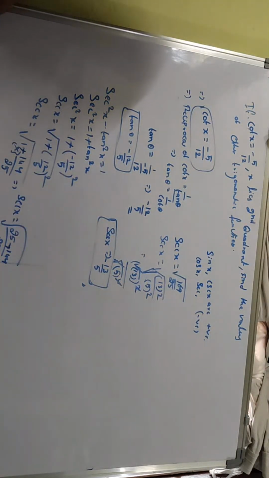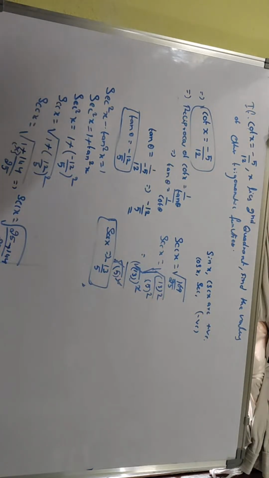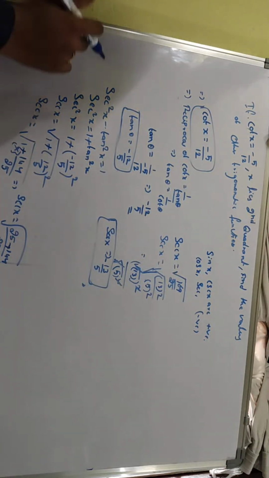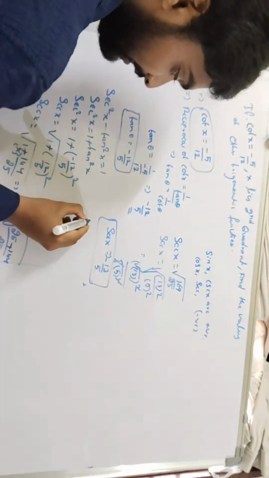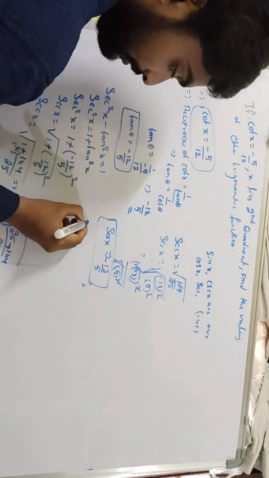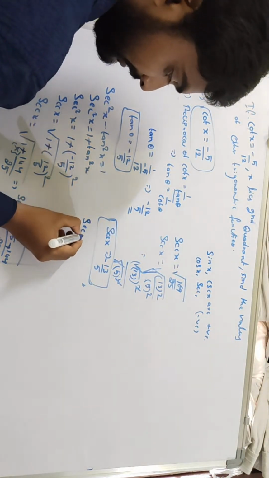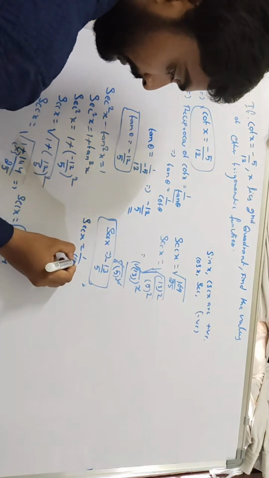Okay, now it's time to find cos theta, secant x, and tan theta. We are well known that secant x means the reciprocal of cos x, so secant x is equal to 1 by cos x.